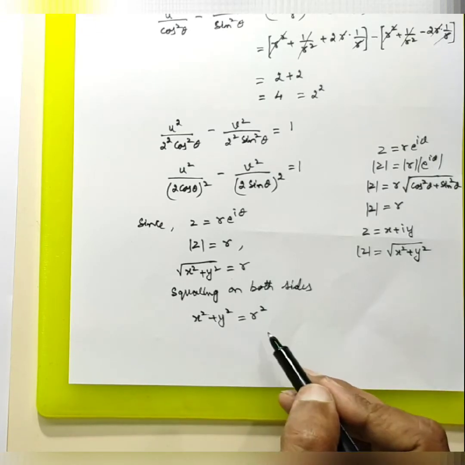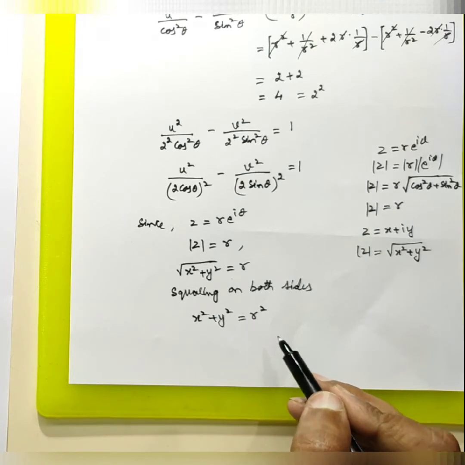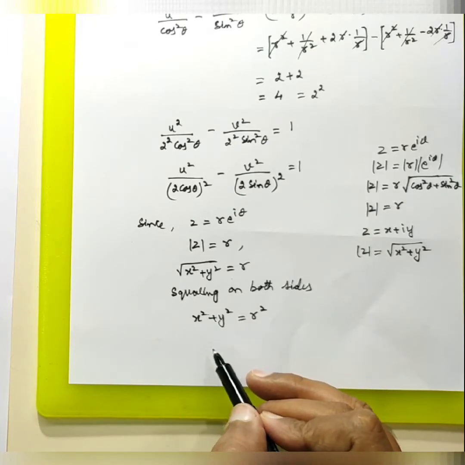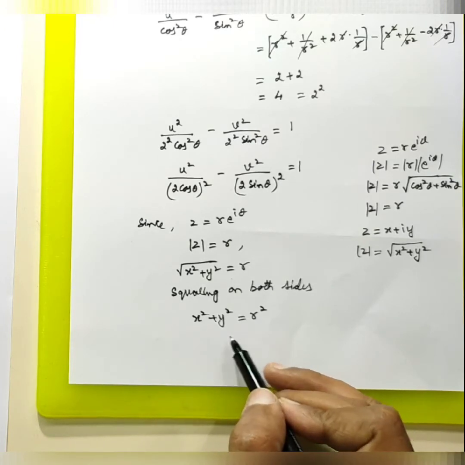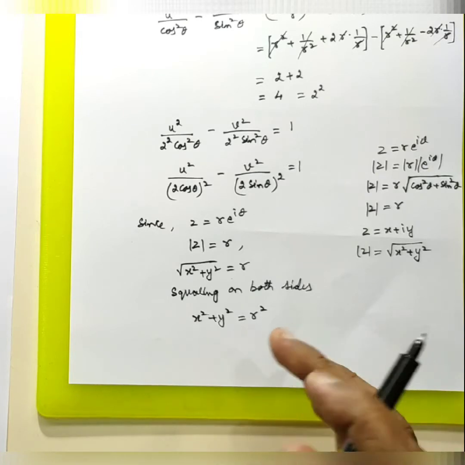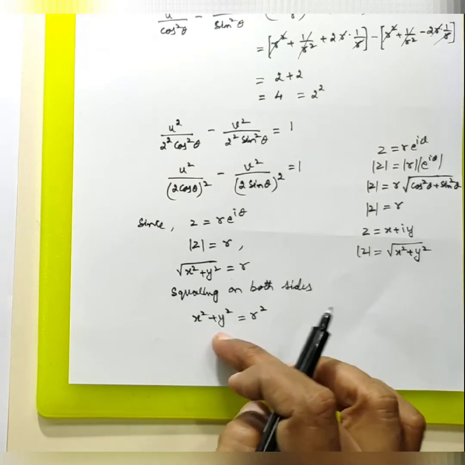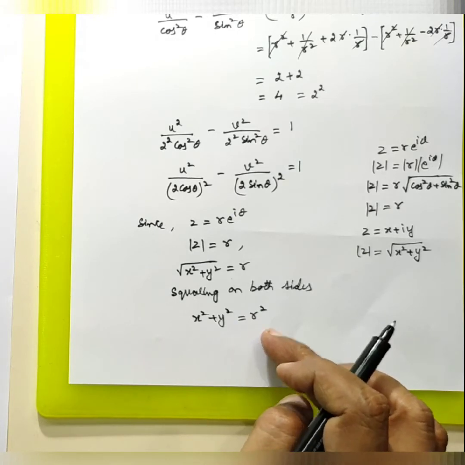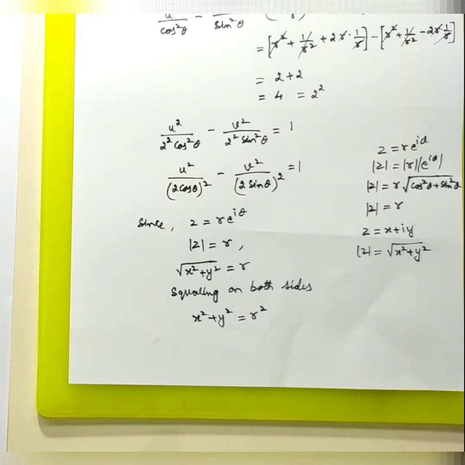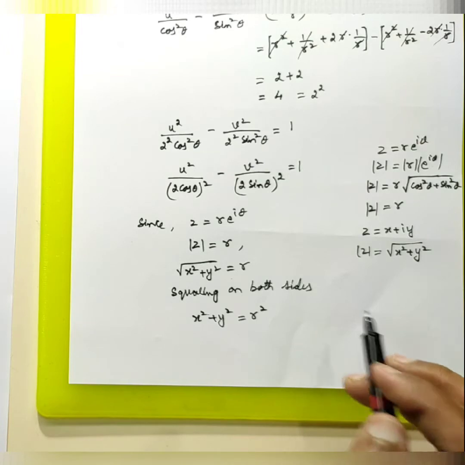So what does this represent? This represents the equation of the circle with the center as the origin and radius r. Because it is in terms of x and y, this represents the equation of the circle in the z plane. Now we have to see how this equation of the circle will map into the w plane.